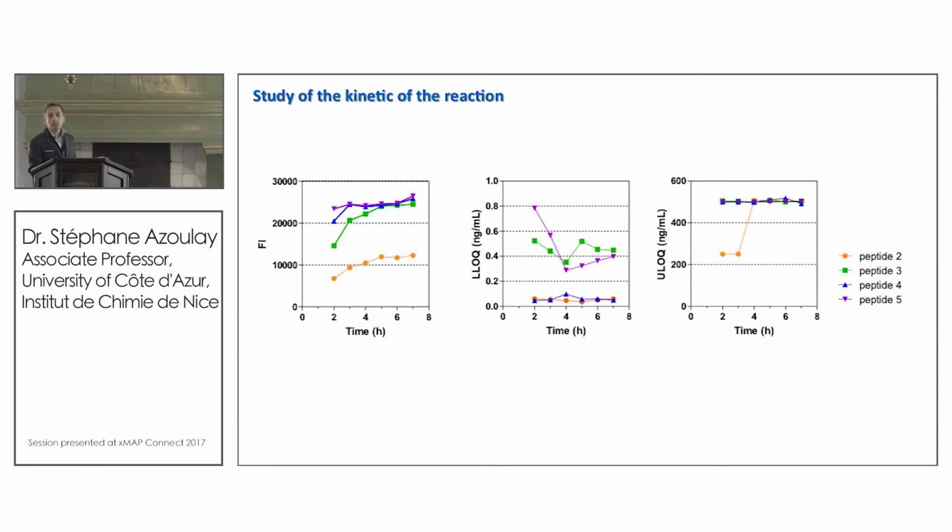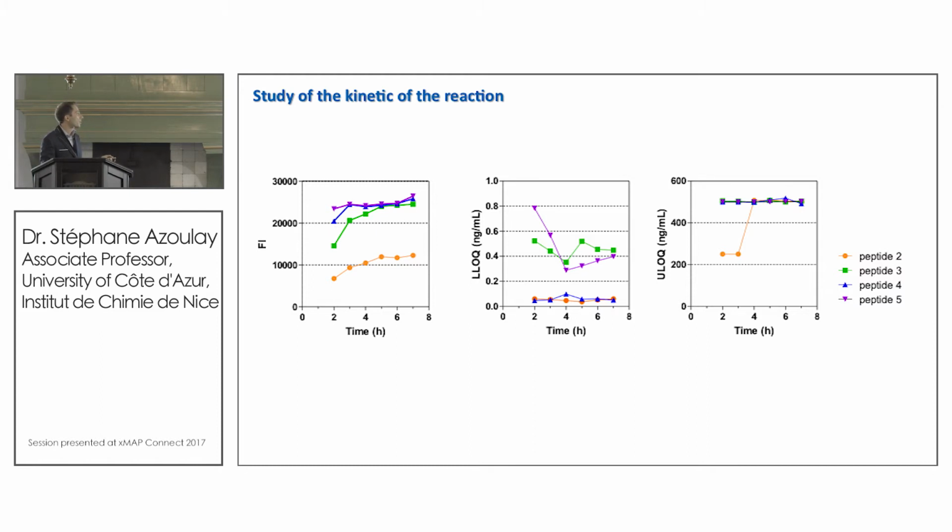We studied the kinetics of the reaction because we would like to use a shorter incubation time. We tried to see the evolution of the signal without peptide and the variation of the LLOQ and the ULOQ. It appears that 4 hours, the time we selected at the beginning, was the best.